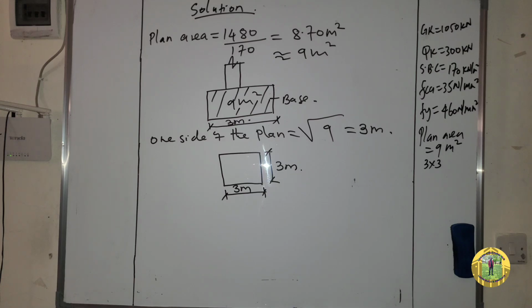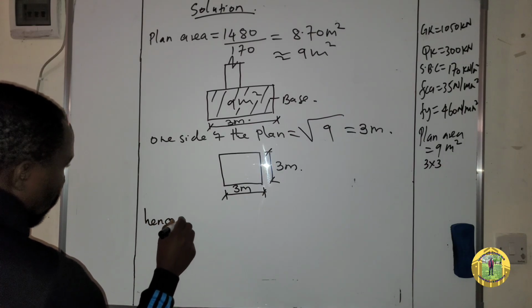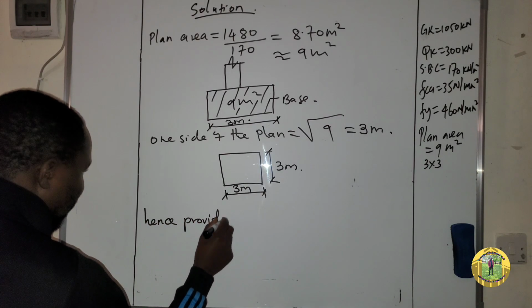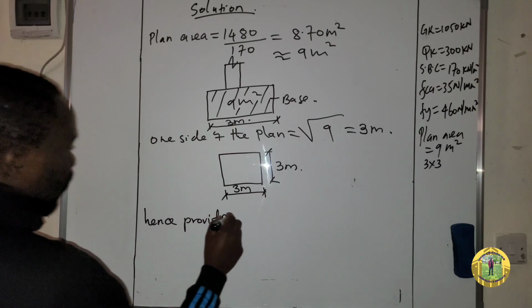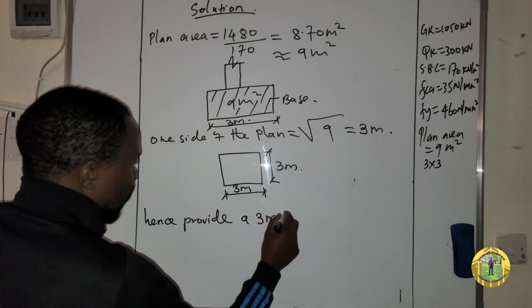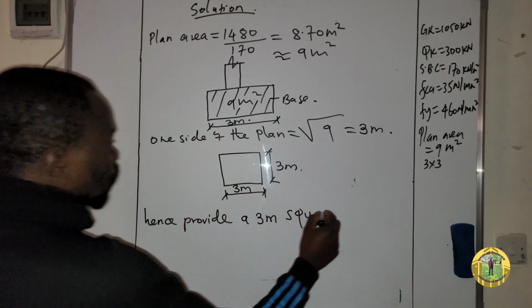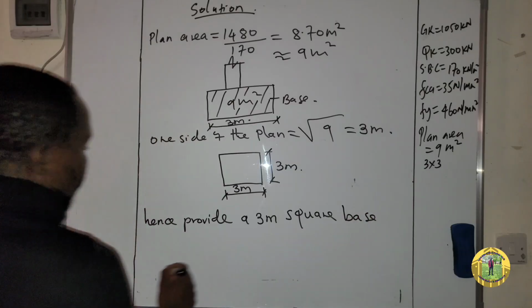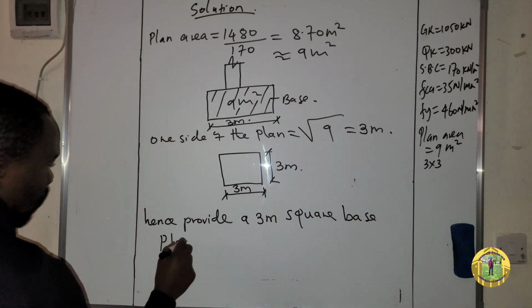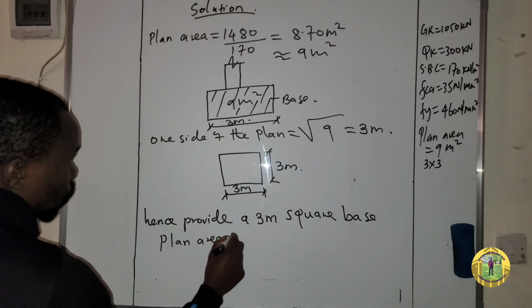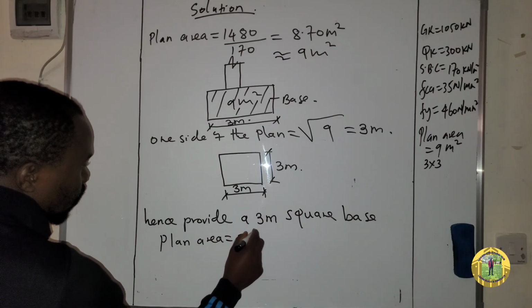So after calculating the plan area and one side of this footing base, you will conclude by saying that hence provide a 3 meter square base, and then in bracket plan area is equal to 9 meter square.